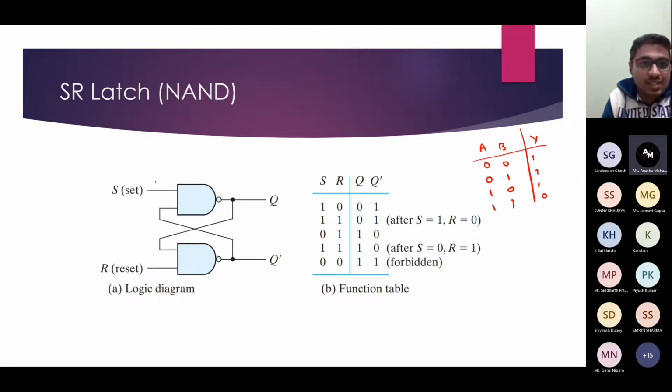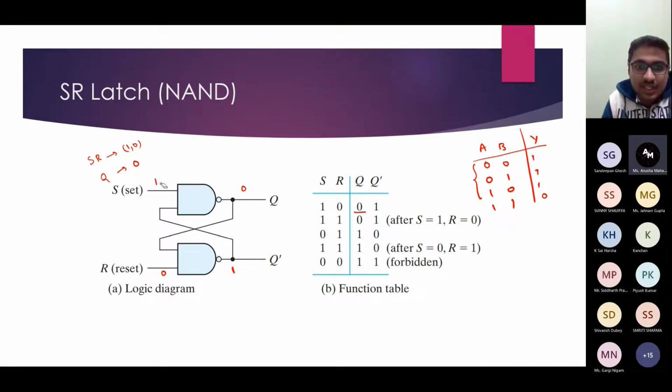If you consider S as 1 and R as 0, you can see in the truth table of the NAND gate, if any one of the inputs is 0, then the output is going to be 1. So here it is clear that the output is going to be 1, and 1 1 will produce output 0. So for S, R equal to 1, 0, the output Q is 0.